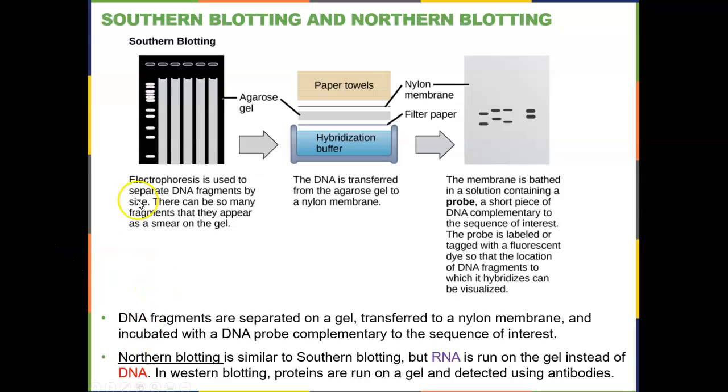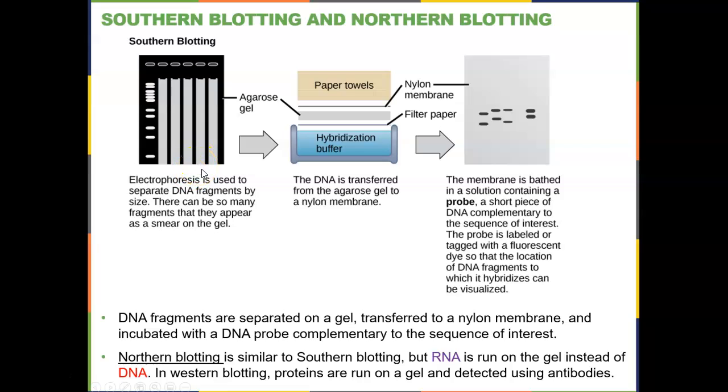We start off using a gel electrophoresis, and here we have an entire sample of DNA but we're just looking for one particular piece. Then we run the whole sample, but we might see that there are so many fragments that it's really hard to find the one that we're looking for.